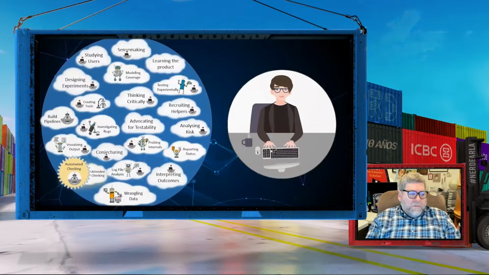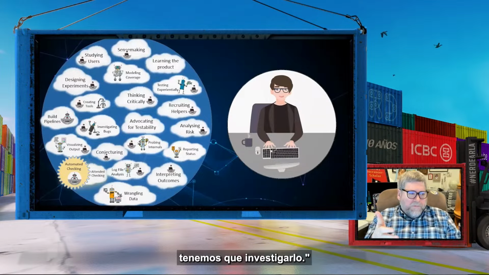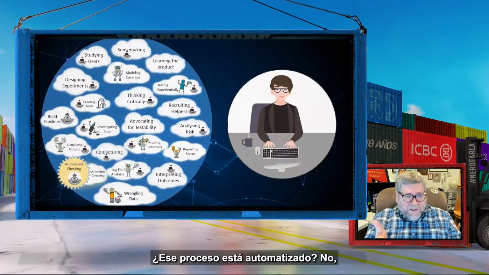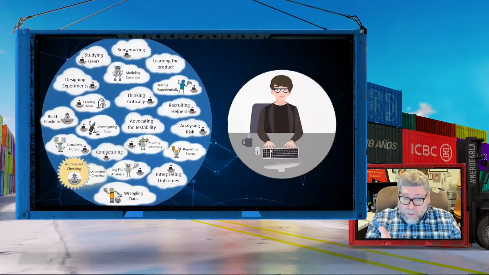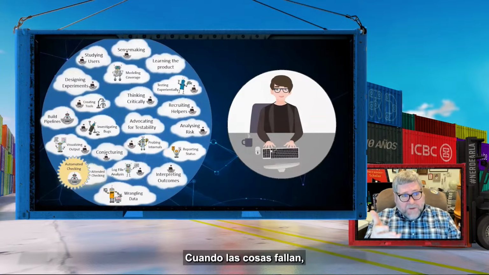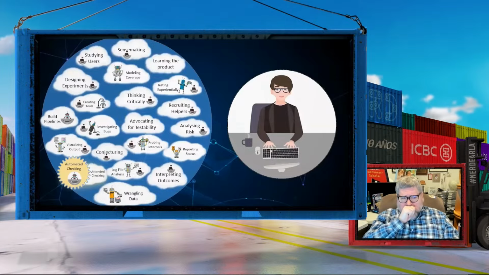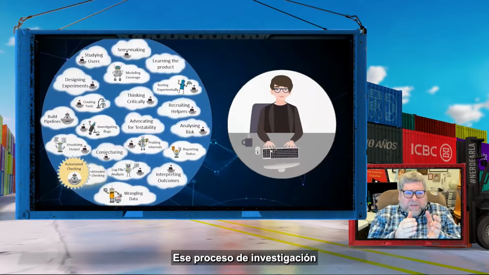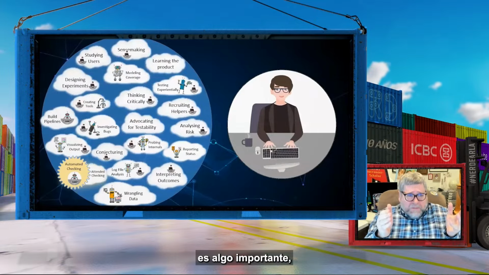Oh, well, then we have to investigate it. Like, okay, is that process automated? No, that process isn't automated at all. When things fail, we have to investigate. That investigation process is a big deal.